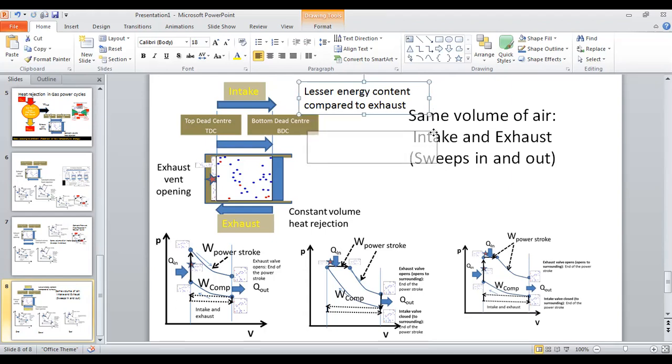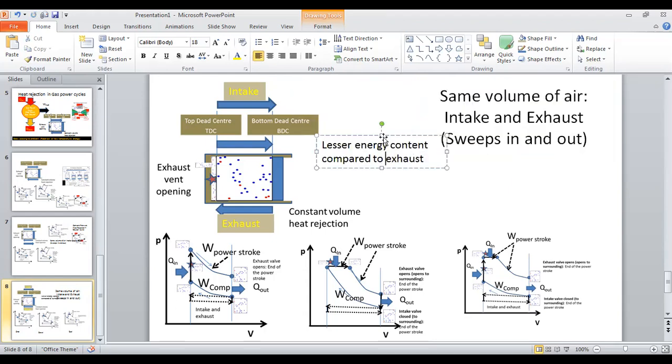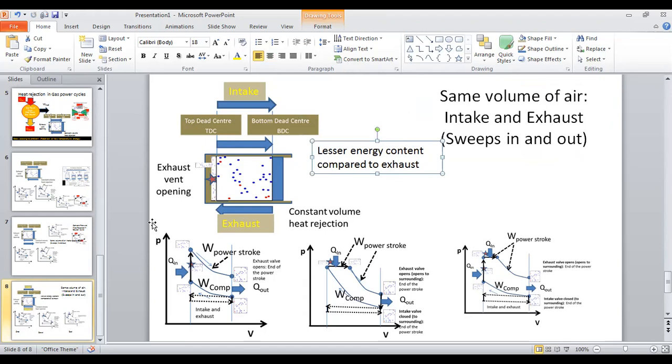So exhaust means we are releasing energy more than what we have taken from the ambient.